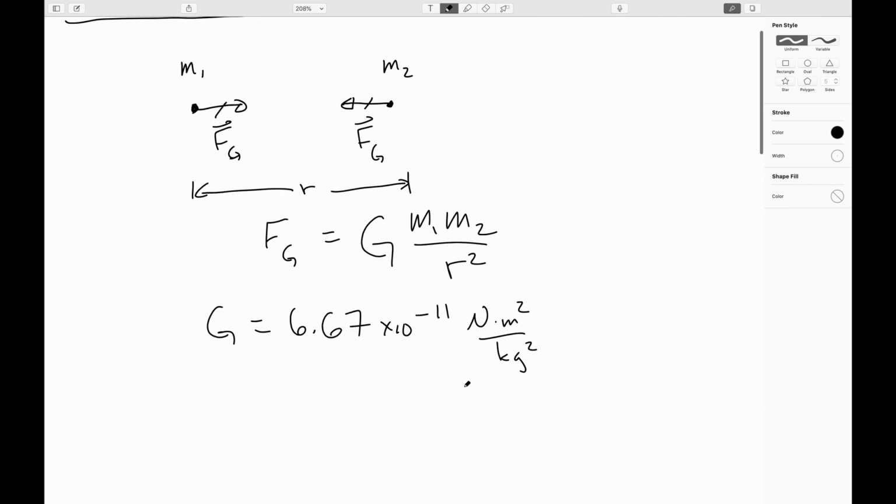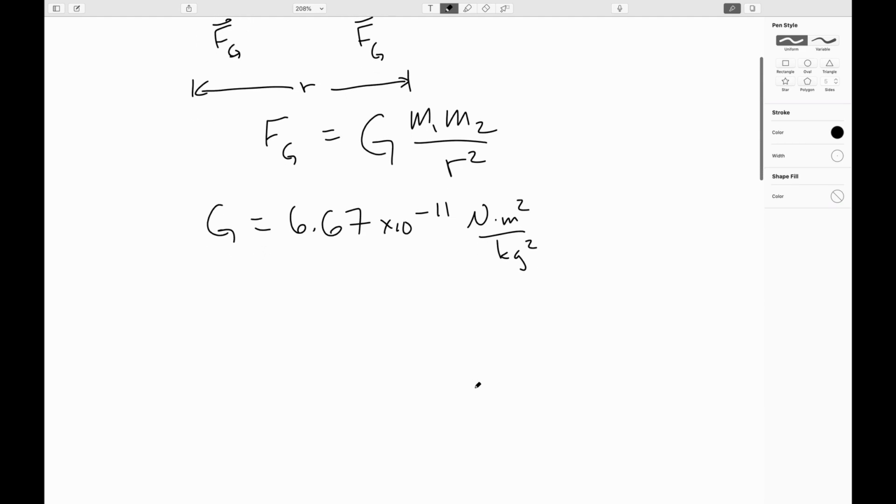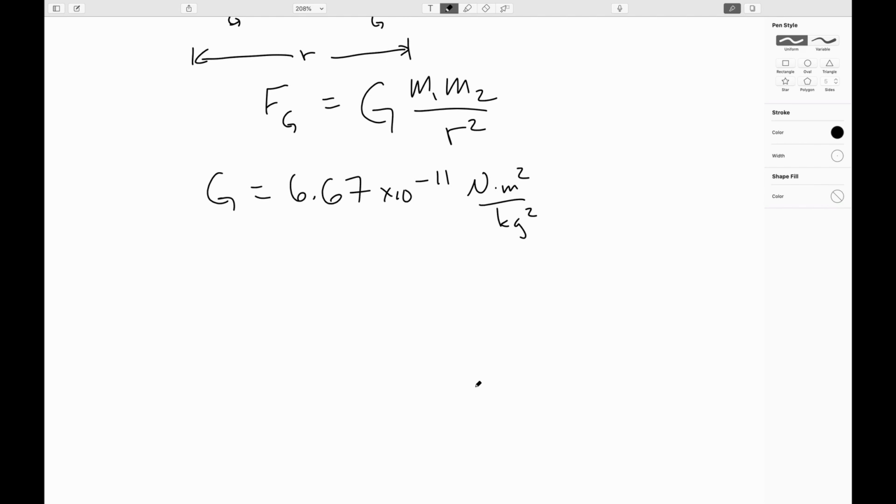Okay, so how does this relate to the mg that we've seen before? Let's say we're near the surface of the Earth. So let's just think about me standing on the surface of the Earth.